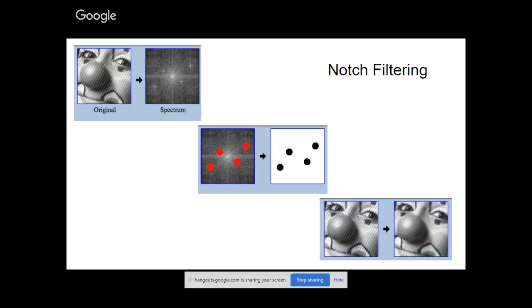So the higher the signal is relative to the noise, the more information you can generate. That's something to keep in mind.